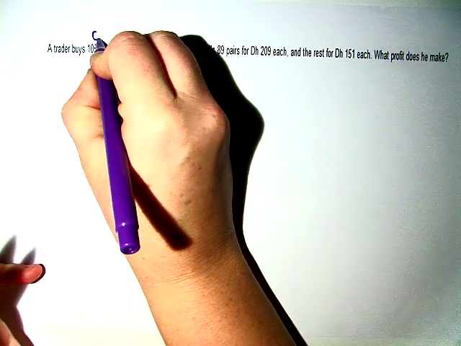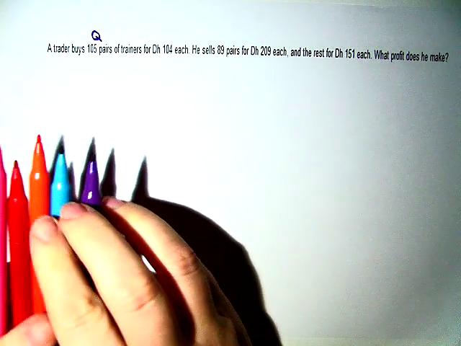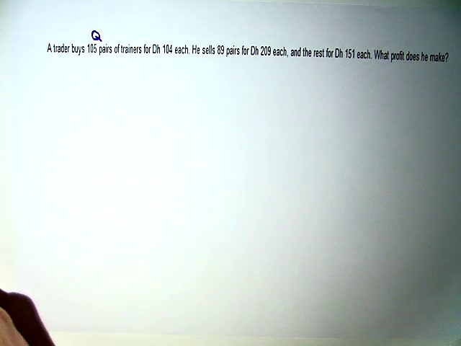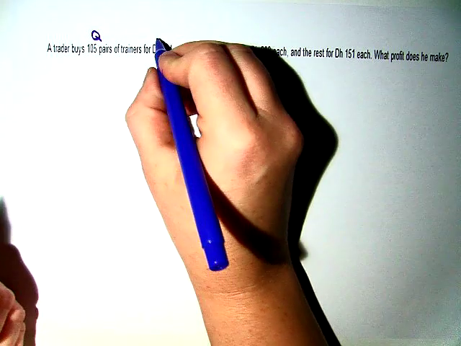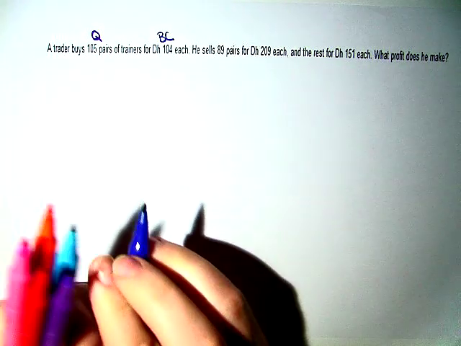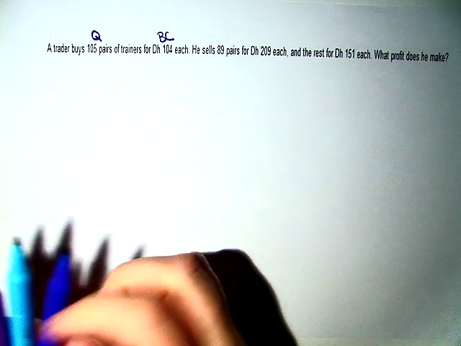Okay, let's try another one, kind of on the same vein. A trader buys 105 pairs of trainers for 104 each. All right, so that is my quantity, and that is my buying cost, right? He sells 89 pairs.